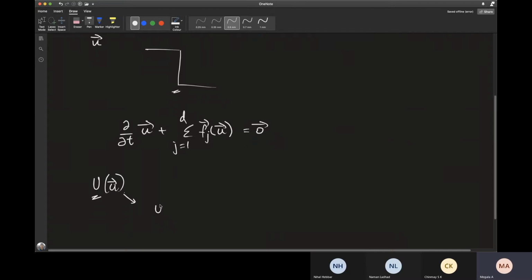That is, multiply U prime of U vector to the system.